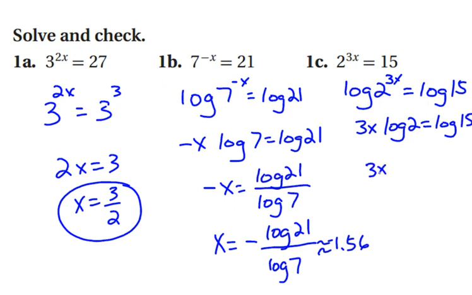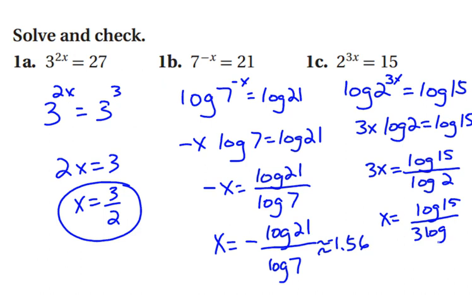So we get 3x equals the log of 15 divided by the log of 2. And then divide both sides by 3. So x is going to be equal to really the log of 15 over 3 times the log of 2, which is really the same as dividing by 3.